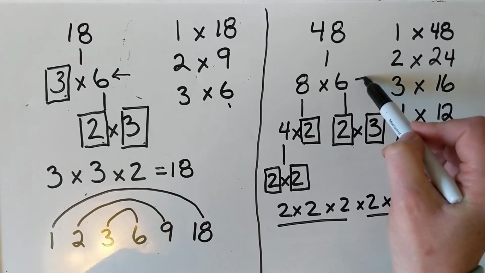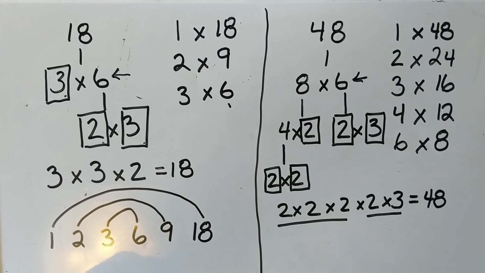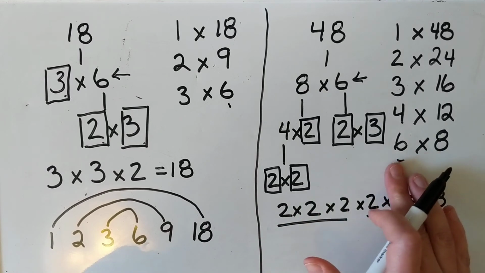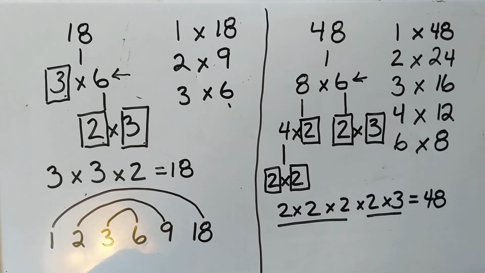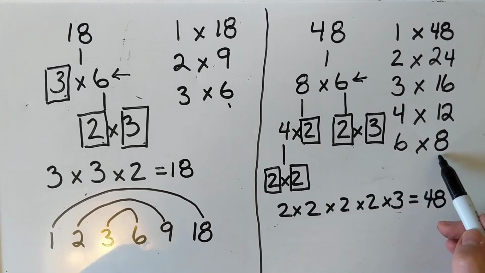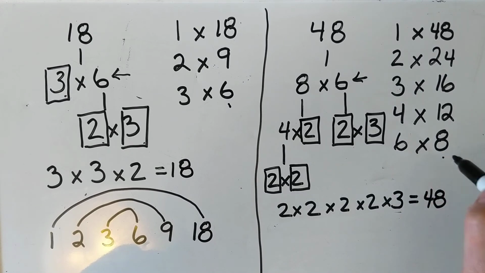Okay, and we had that here to begin with. So I know for sure that works. Then my next number would be 7, but there's no factor of 7 in this list. And 8, I can definitely do 8, but I've already got 8, so I'm good. I know I've reached all the factors of 48.